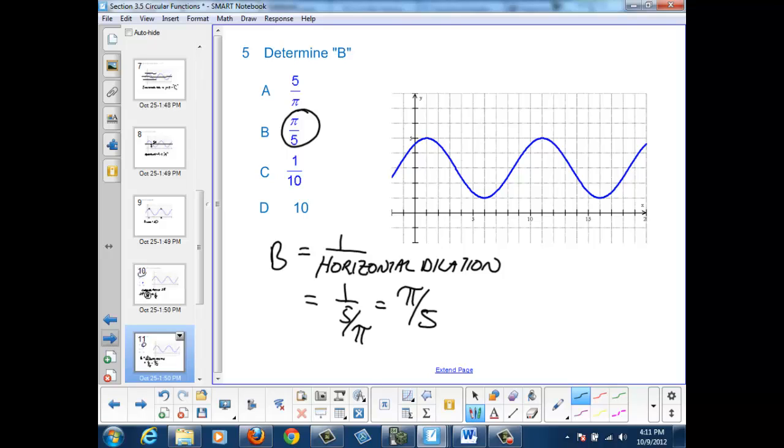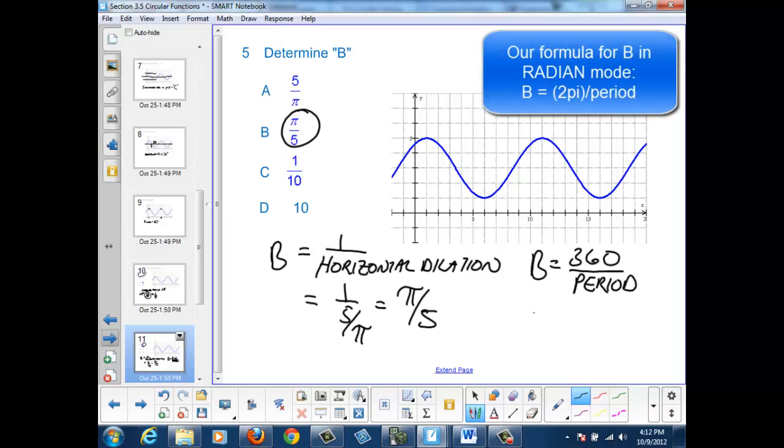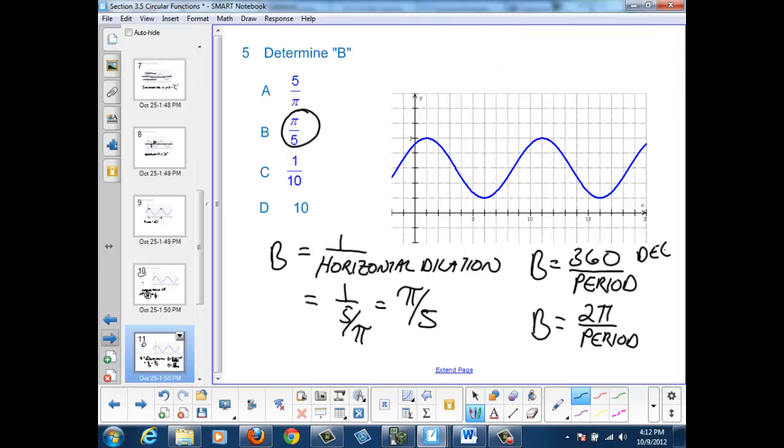We could also arrive at B by using our formula which was originally B equals 360 over the period of our new function. But now we change the 360 to 2 pi for radians. So this original formula was for degrees. Our new formula is for radians.